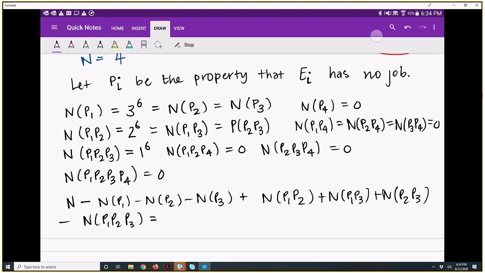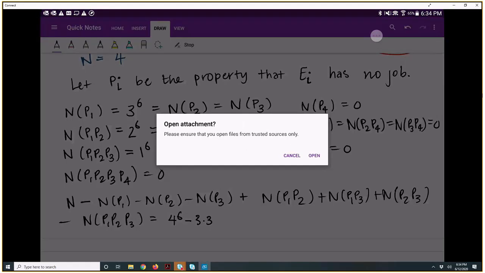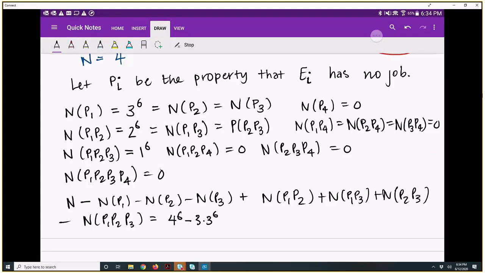So this is just going to be 4 to the power 6 minus 3 times 3 to the power 6 plus 3 times 2 to the power 6 minus 1.